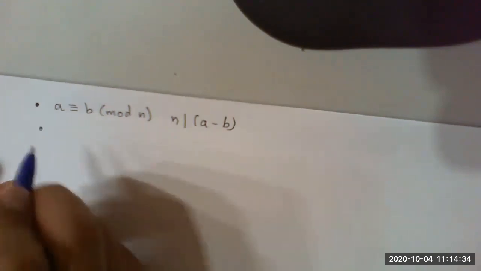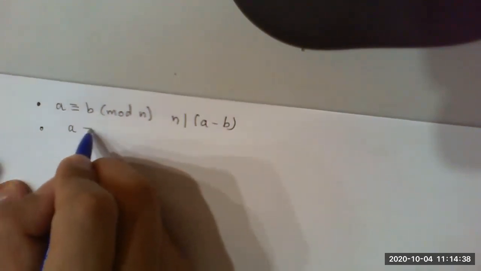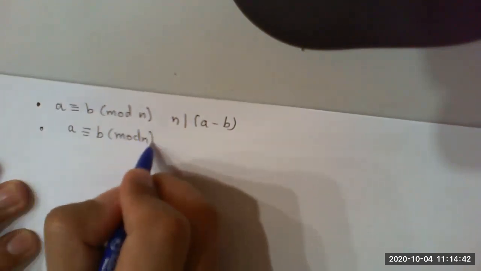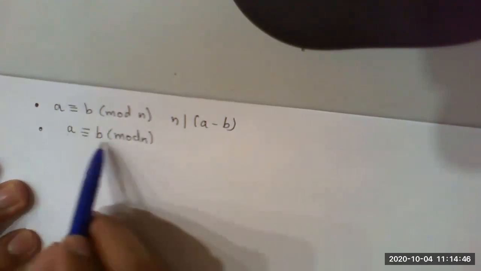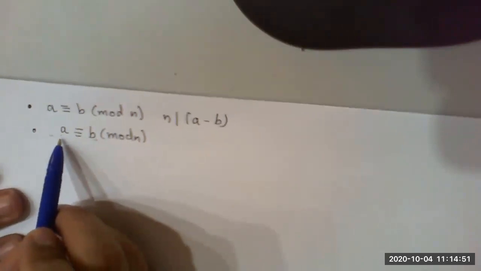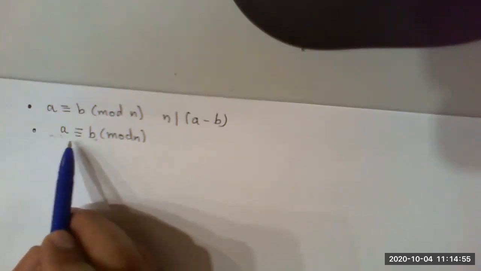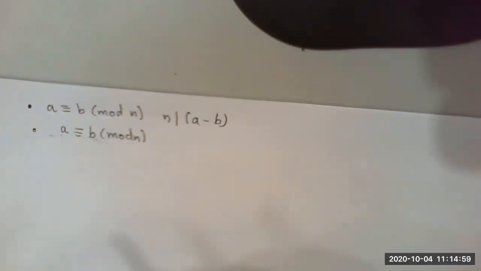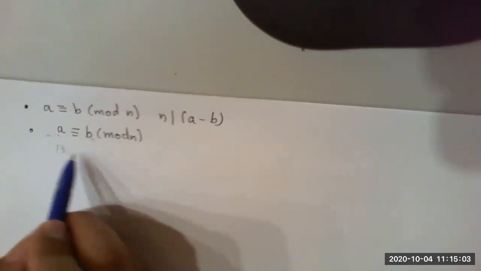The second one is A congruent with B mod N. This means I can change the position of these two because the difference will be the same. I know you may say that the difference may be negative, but there is a modulus for the negative too. So don't worry about the negative. For example, I have talked with you about 13 and 1.